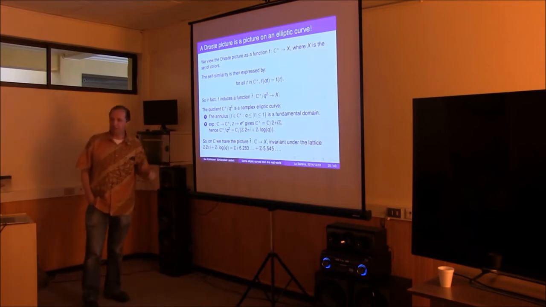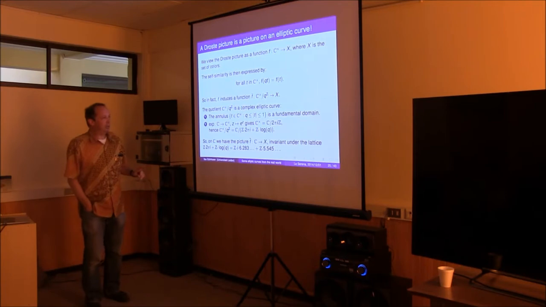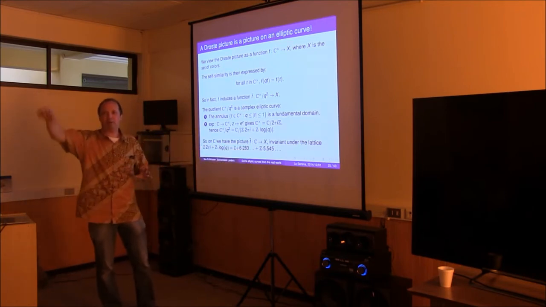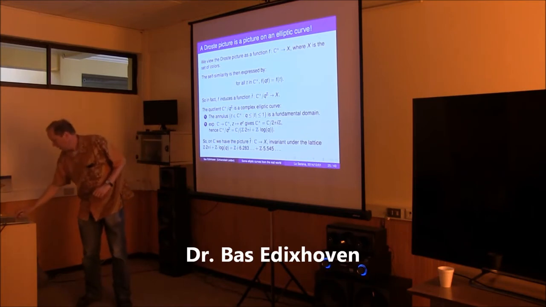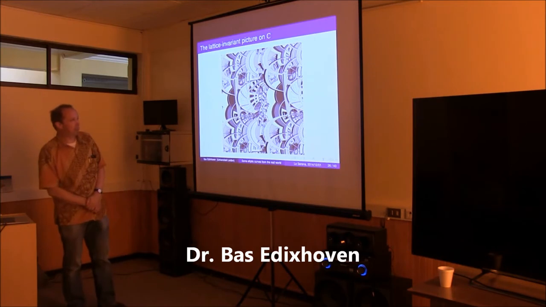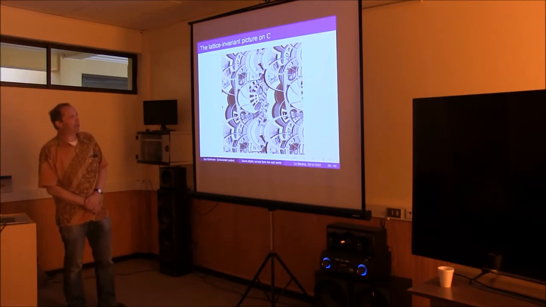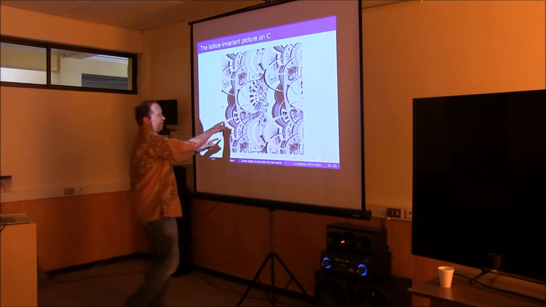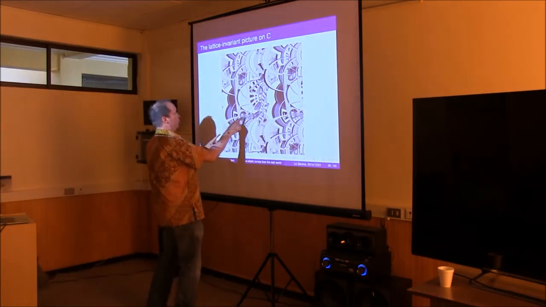But now is the trick, we can take any point in this lattice and first divide out in that direction. So this is the double invariant picture, not very appealing. But you see that this goes to that, but also this goes to that.